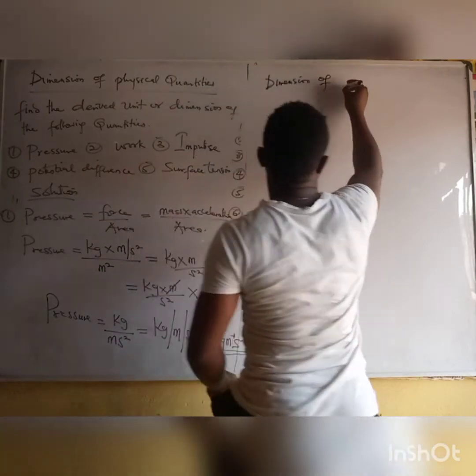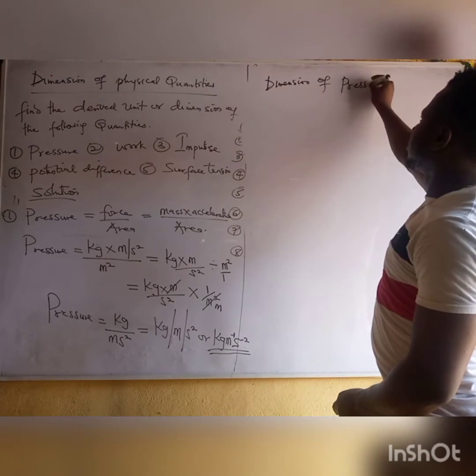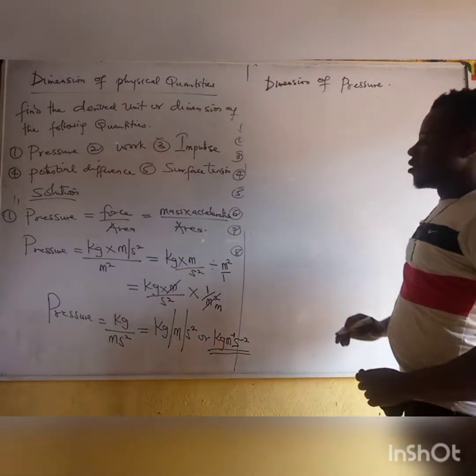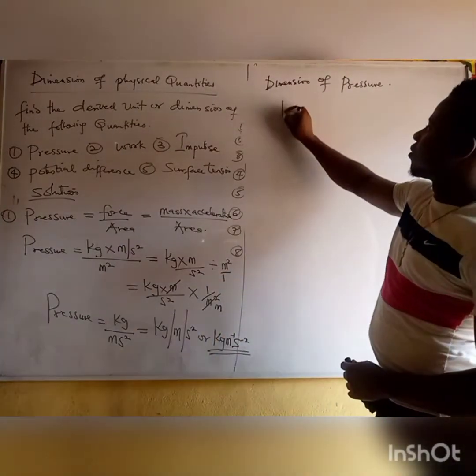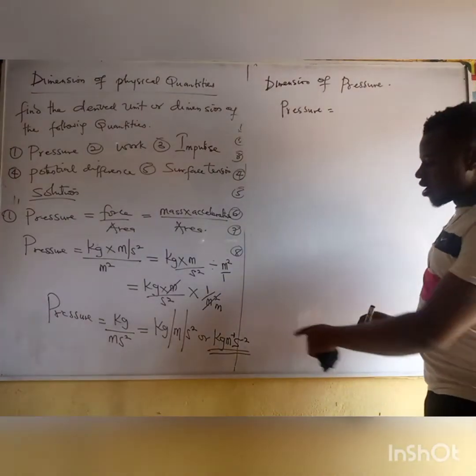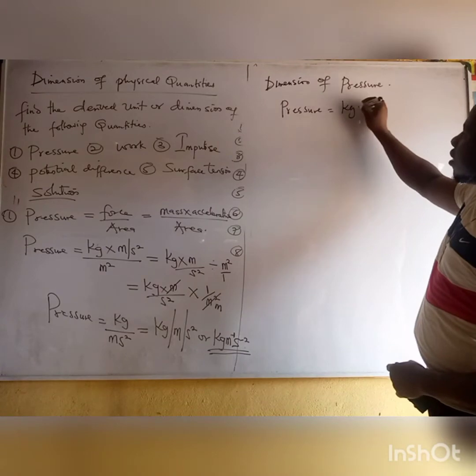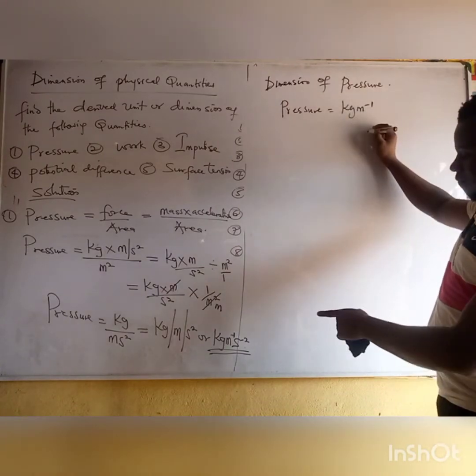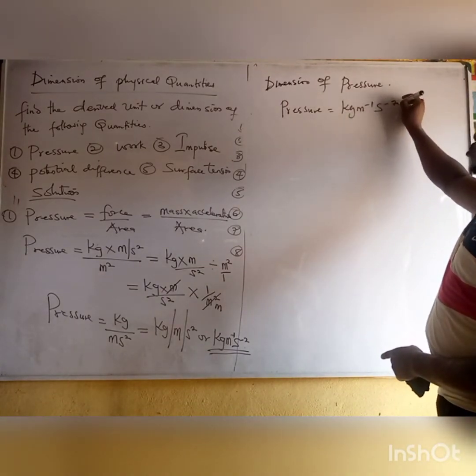Now the dimension of pressure is given as kg meter minus 1, s minus 2.